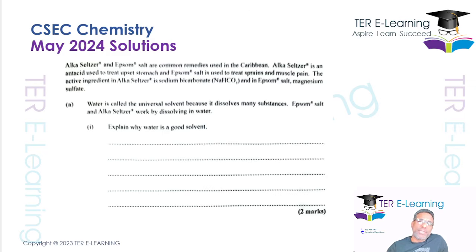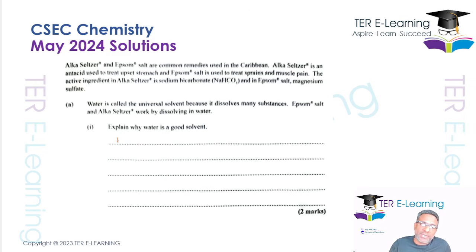If you never heard these words, they're telling you what is found in it. Now, water is called the universal solvent because it dissolves many substances. Epsom salt and Alka-Seltzer work by dissolving in water. Explain why water is a good solvent.